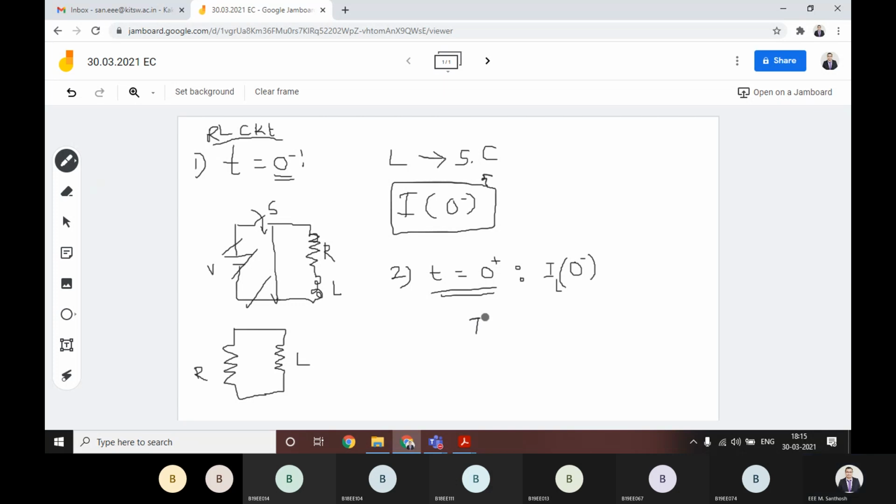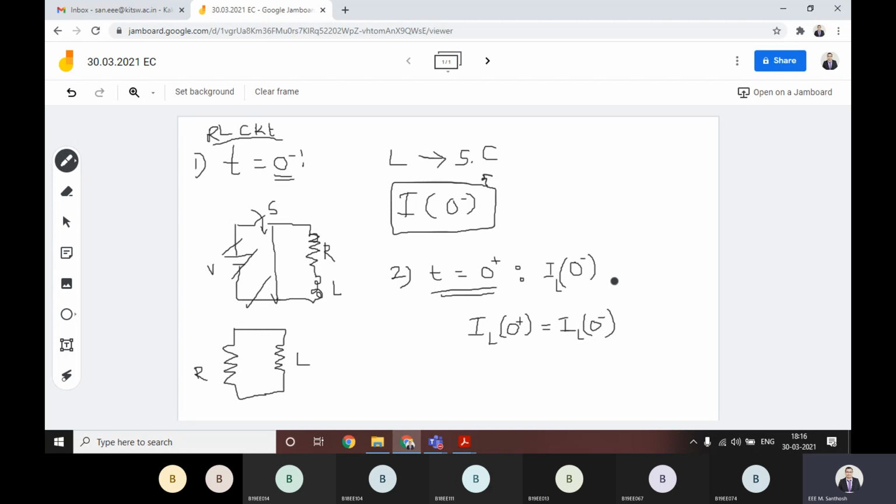Then if you want to calculate the value just after switching, that value is also the same as IL of 0 minus. Why? Because the inductor won't allow changes in the current.